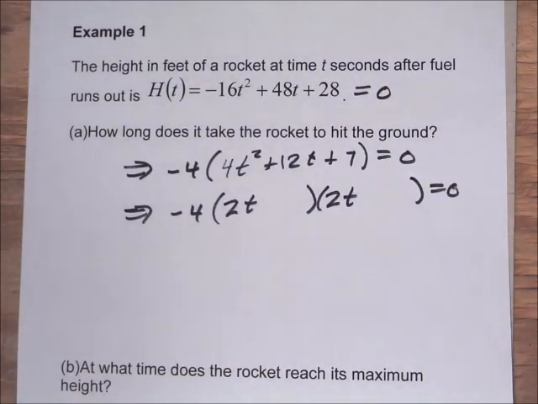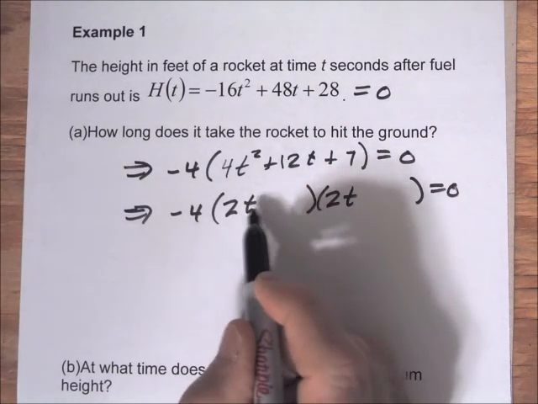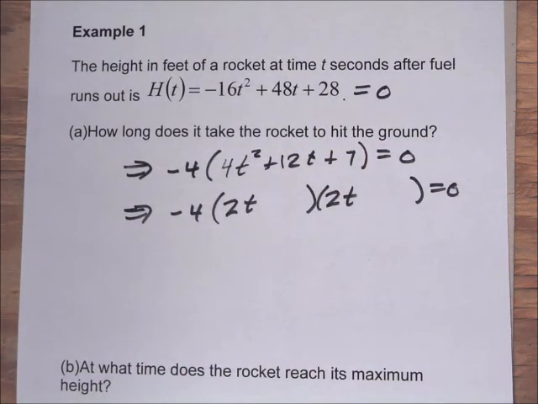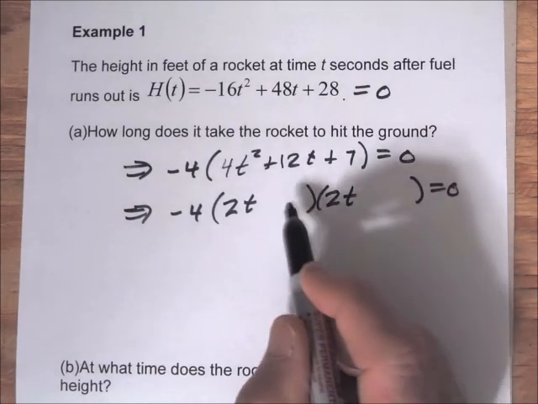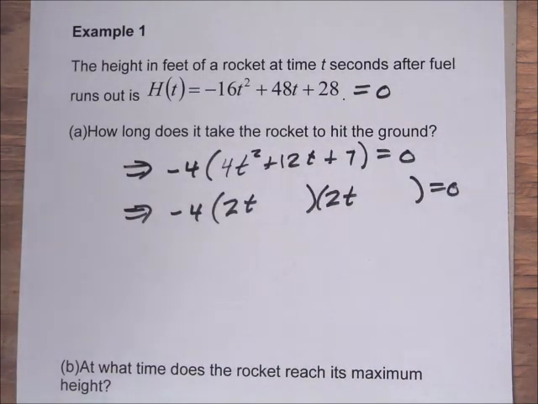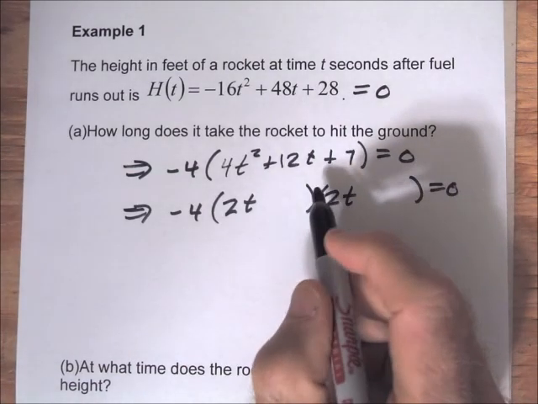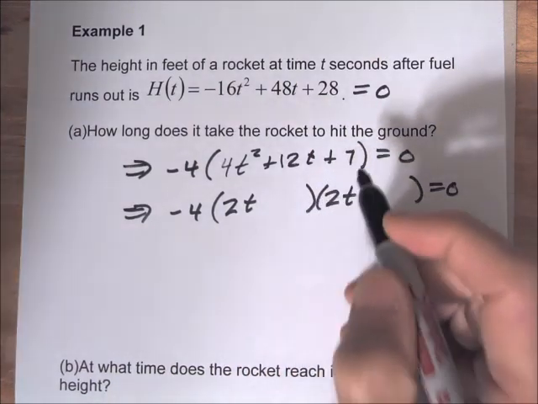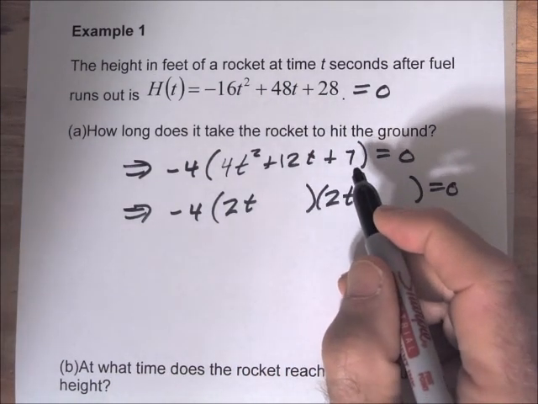The first two terms have to multiply to 4t squared, so I'm going to start out with 2t and 2t. And then we need two numbers to multiply to -7. There's not a lot of choices there.